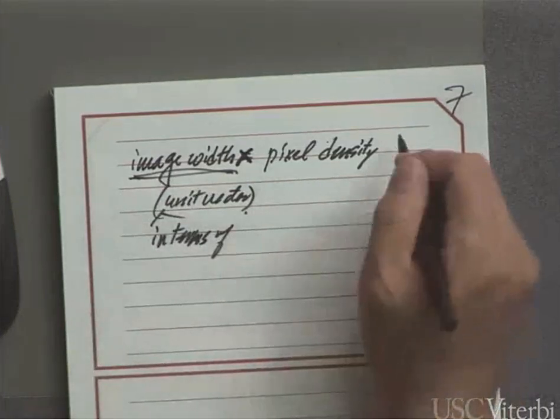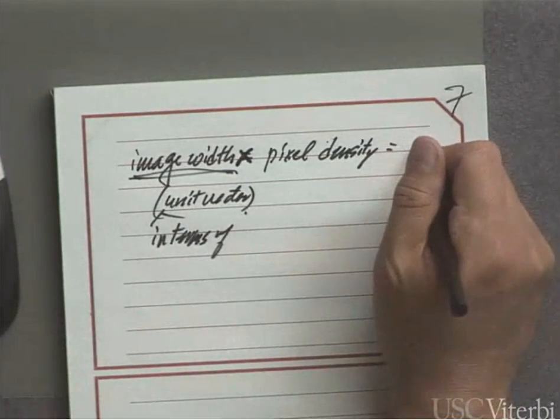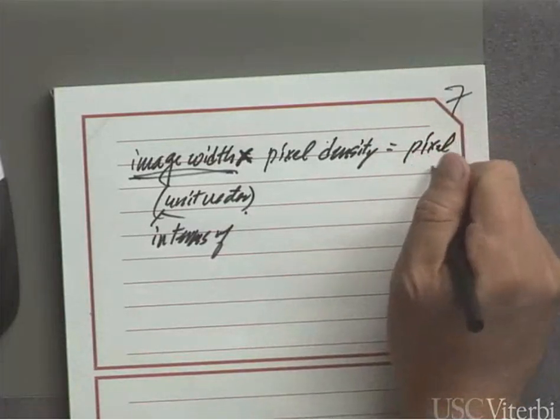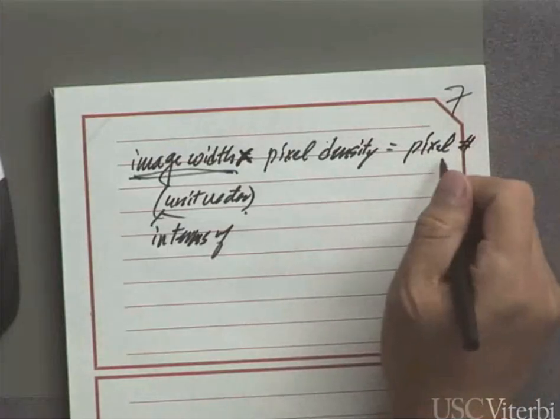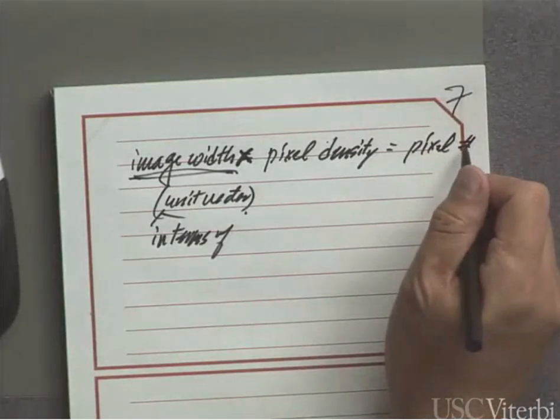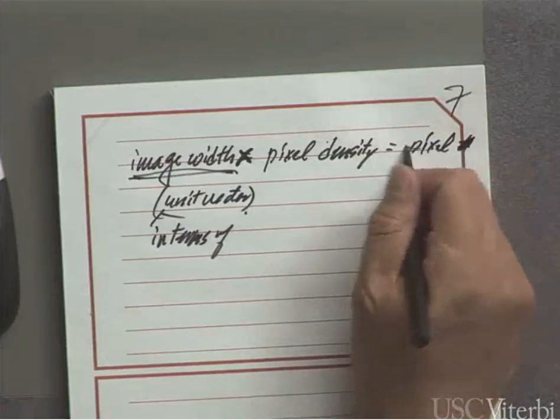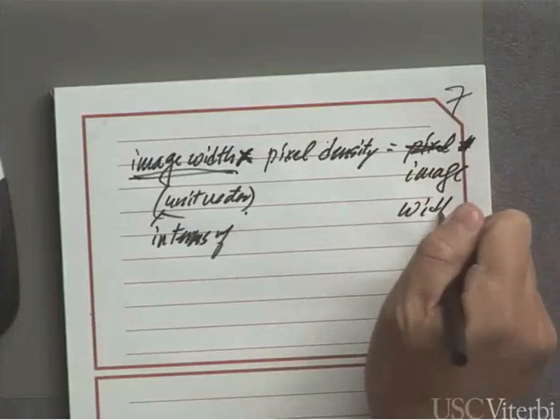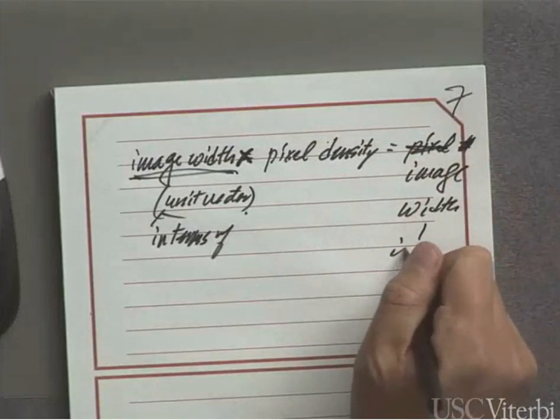Times the pixel density becomes the pixel number. Basically it's the image width in terms of the pixel number.